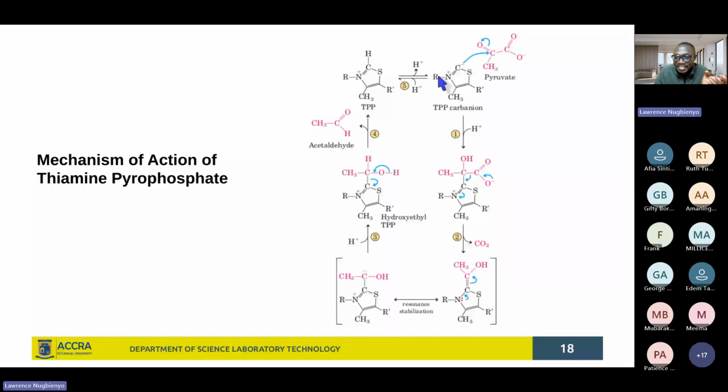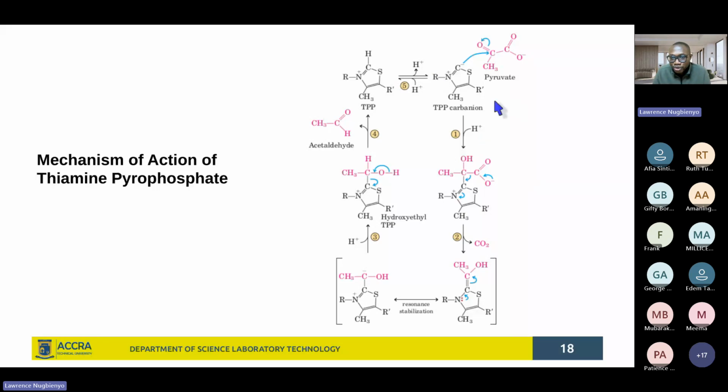There was another ring that was attached, inside the R, that is not shown. Because if we want to bring all that molecule here, everything will just be clumsy. So we've just brought the active part of the molecule, which is the thiazolium ring, and the rest of the parts of the molecule, we just represent as R prime.